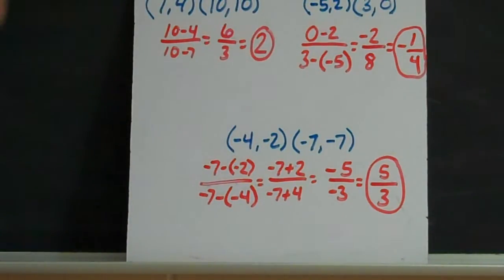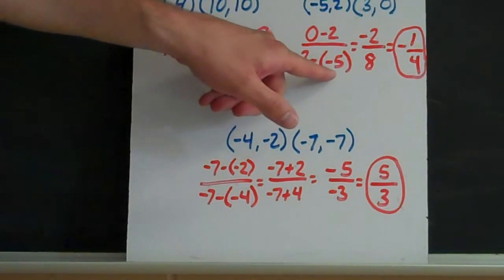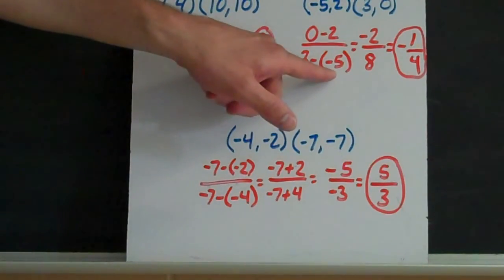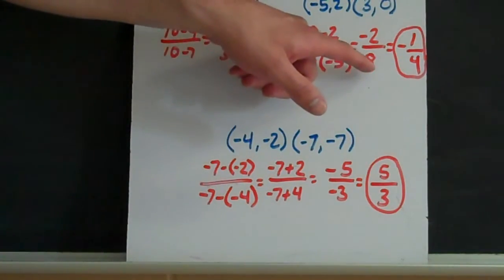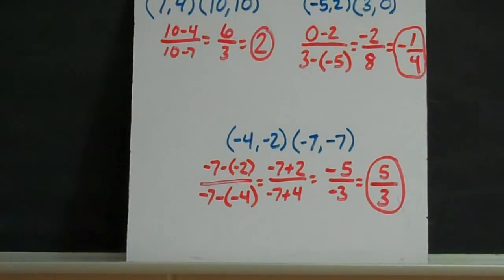Notice I put the negative 5 in parentheses there. That's because I want to make sure that I subtract the negative 5. Subtracting, when we distribute that subtraction, it becomes a positive 5. 3 plus 5 is 8. Negative 2 divided by 8 reduces to negative 1/4. So our slope is negative 1/4.